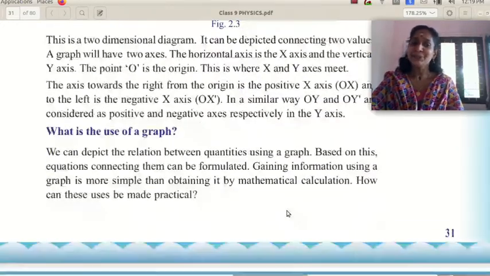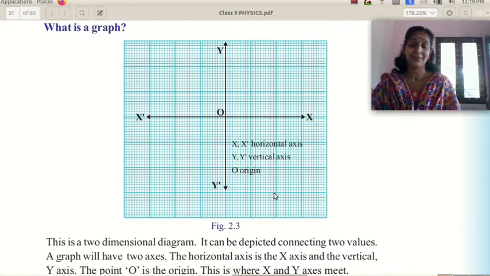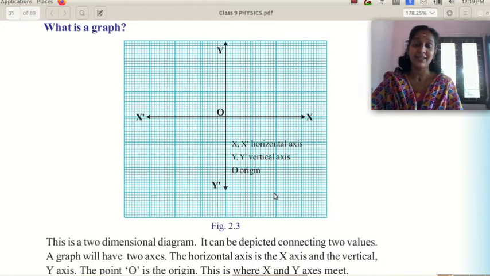What is the use of a graph? We already said the IPL season is going on now, isn't it? So, from those graphs we can easily understand how many runs are scored and how many overs have elapsed. What is the performance of each team?